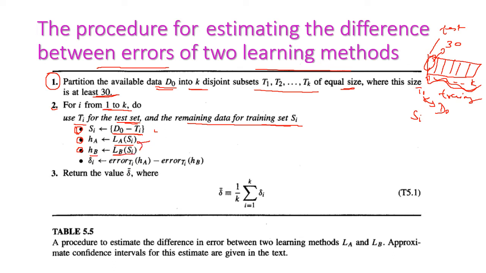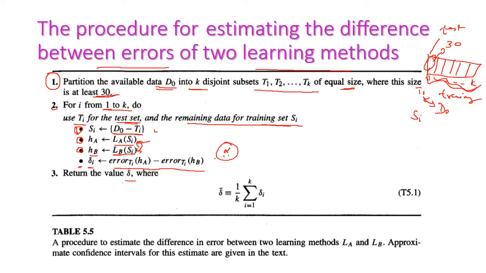The same set we are using to train the second algorithm also. After that we need to find delta i, which is equal to error of Ti of hA minus error of Ti of hB. The same thing we have seen in the previous slide.